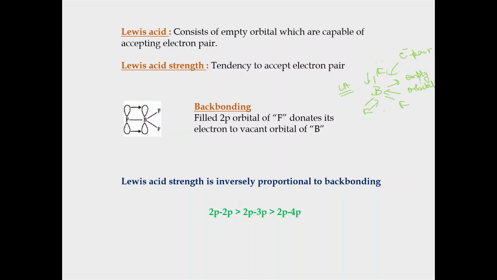As a result, the ability to accept electrons will decrease. It becomes more electron rich, and that's why the tendency to accept electrons decreases. So back bonding and Lewis acid strength have an inverse relationship. The more the back bonding, the lower the Lewis acid strength.